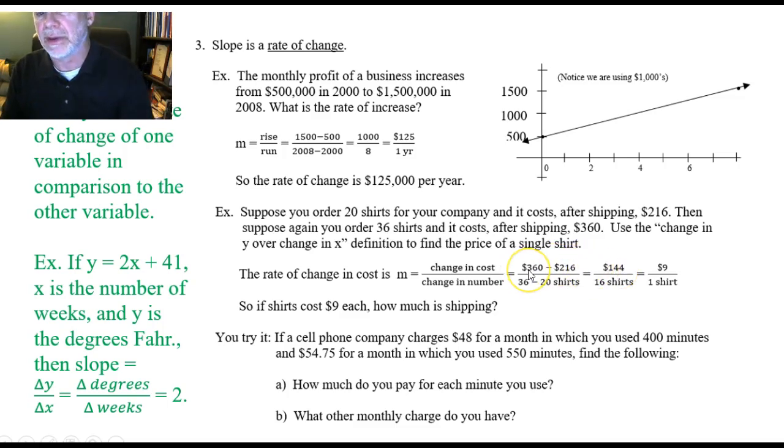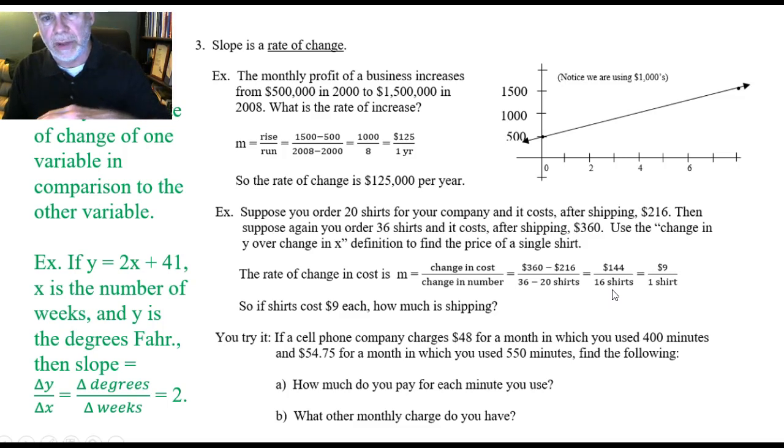So you take the second one, 360 minus 216, the first one, and you get the change. That's $144. But how much was the change in the number of shirts? Well, the second time around there's 36 shirts, and the first time around is 20. So 36 minus 20, that is 16 shirts.